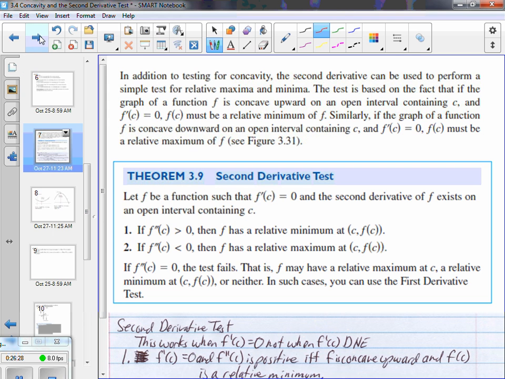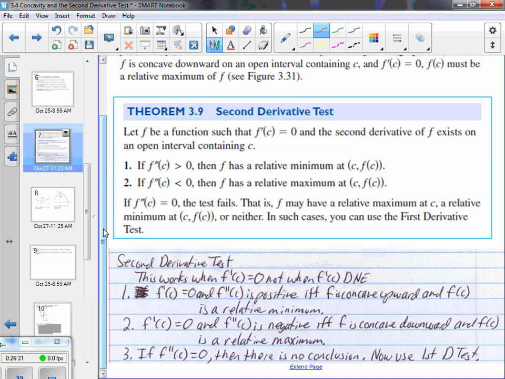Okay. Now, we can use the second derivative to find maxes and mins. What's called the second derivative test will help us find relative maxes and relative mins. Now, there are some conditions here. First off, if the second derivative is really difficult to find, and all they're asking you for is the relative minimum or the relative extrema, the first derivative test may still be the best way to go about it.